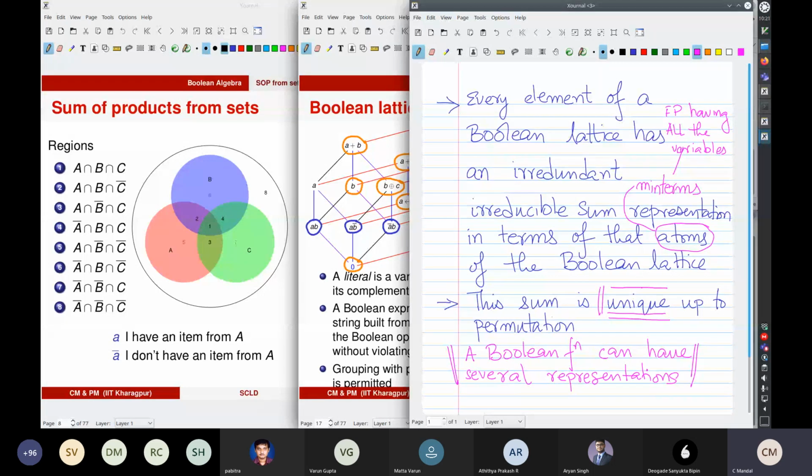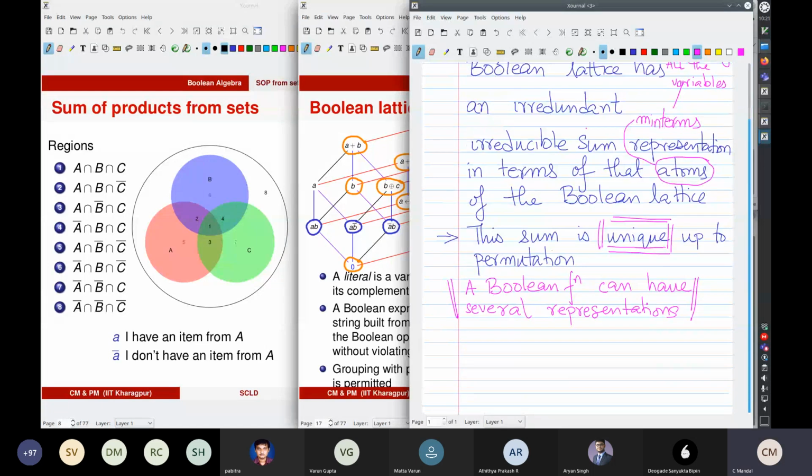Such a representation is also called a canonical sum.